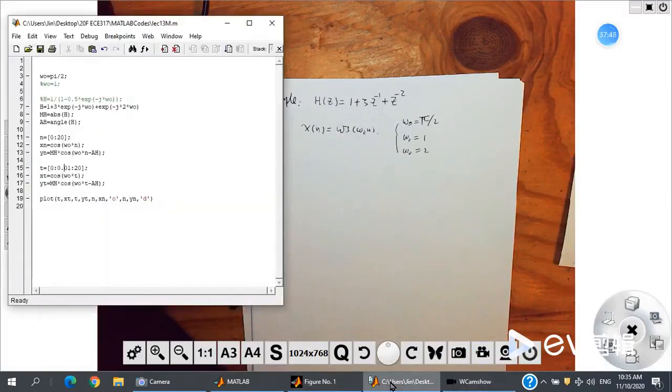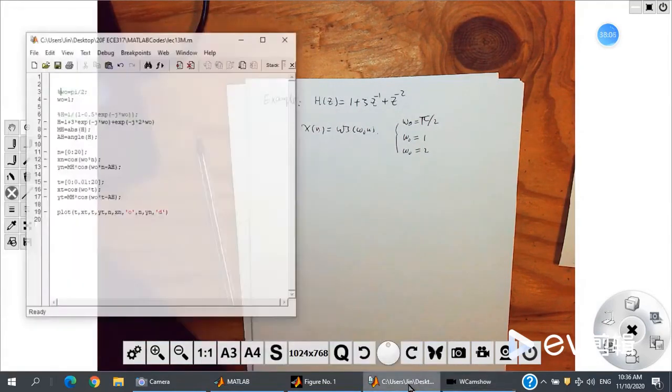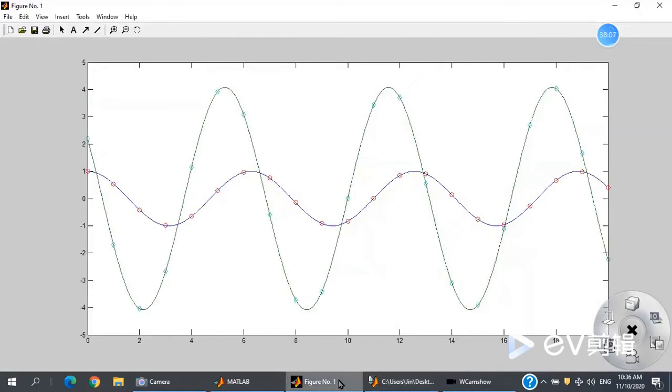Now we consider omega 0 with a different value, like omega is 1. Okay, now the graph is different, right?